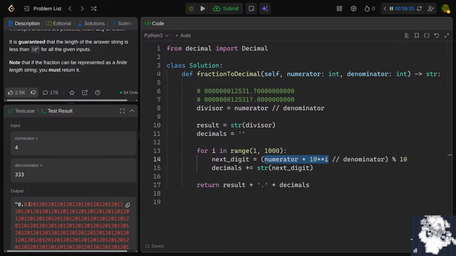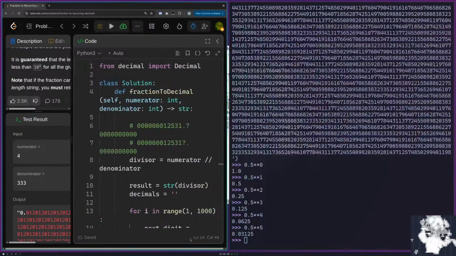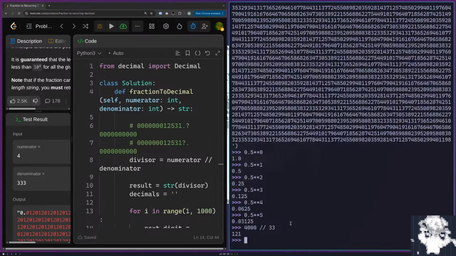Then it's 400 divided by 333, which is the second decimal point, which is 1. 400 goes into 333 once. 4,000 goes into 333 what, like 20-ish times? No, 121.